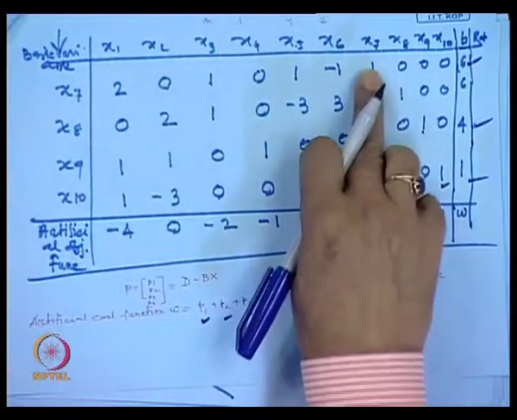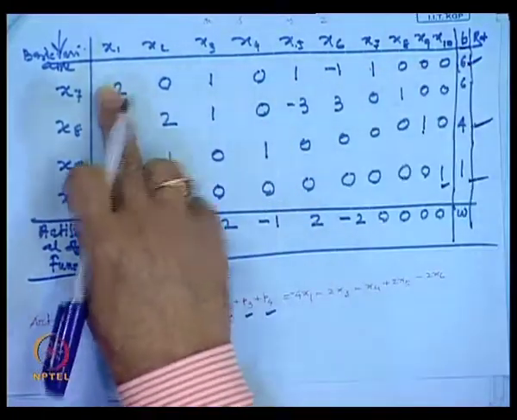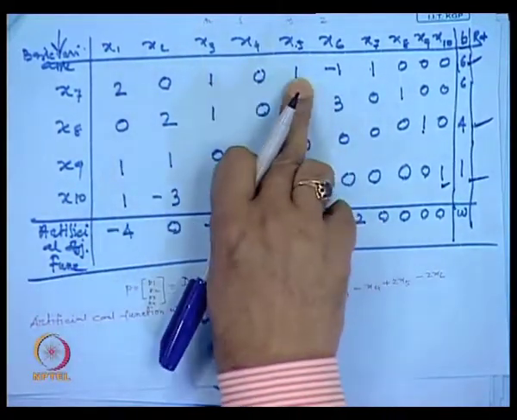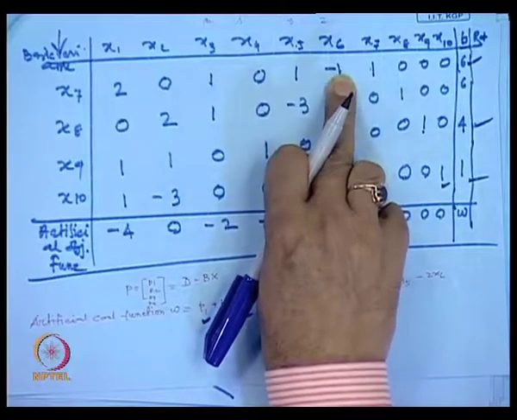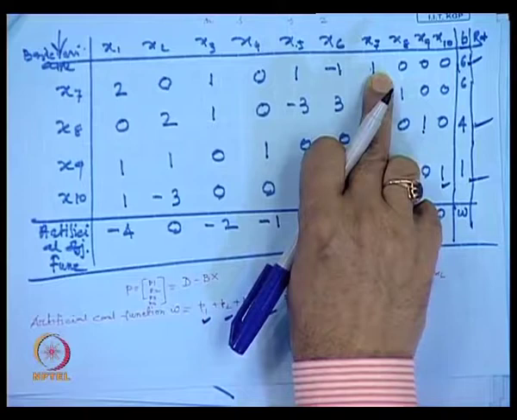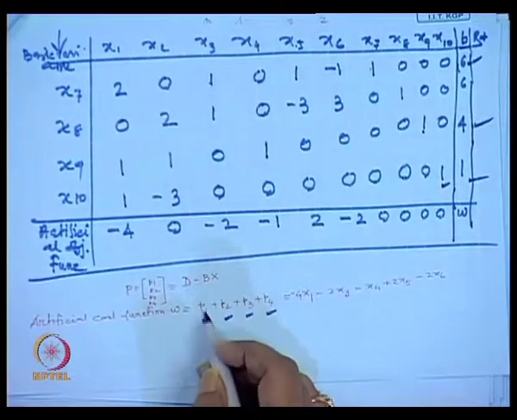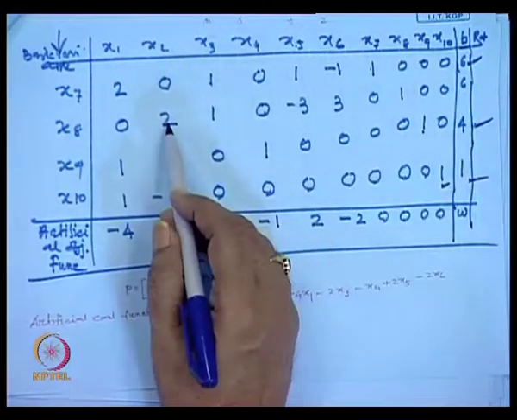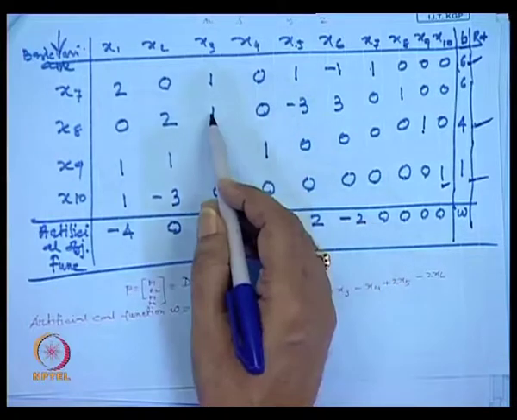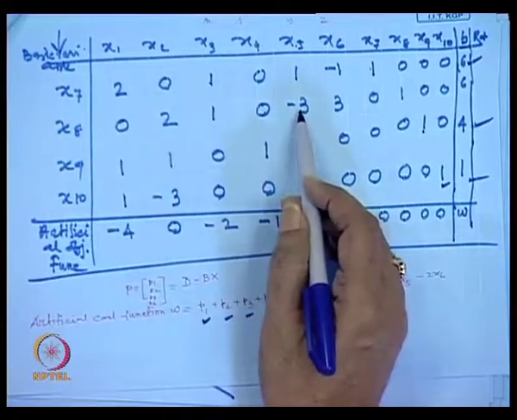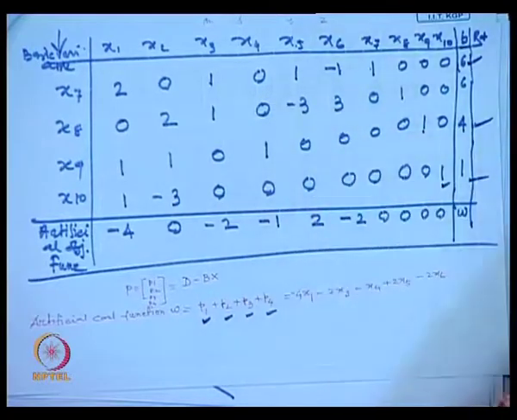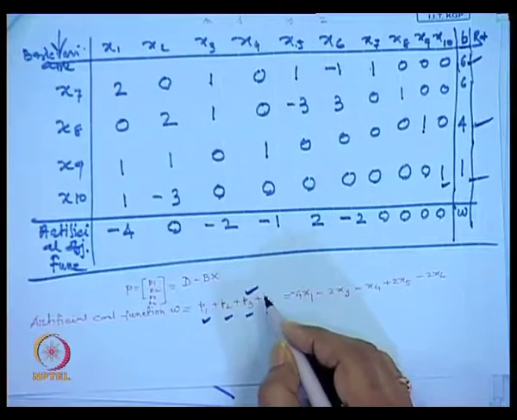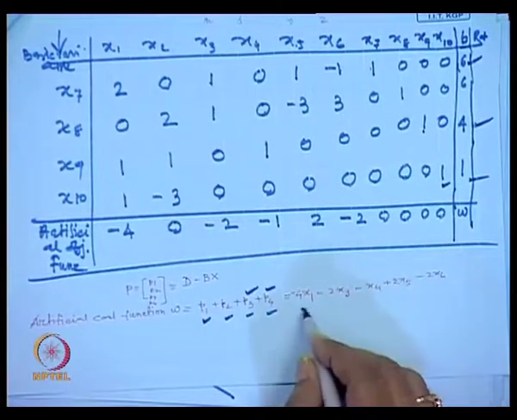From this equation, p1 is nothing but 6 minus 2x1 minus x3 minus x5 plus x6, which is equal to x7, and x7 is nothing but p1. Similarly, p2 is equal to x8, which I can write as 6 minus 2x2 minus x3 plus 3x5 minus 3x6. Similarly, I can write p3 and p4. If you add all these, I will get this.